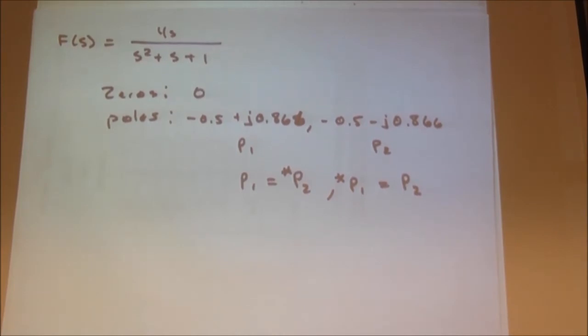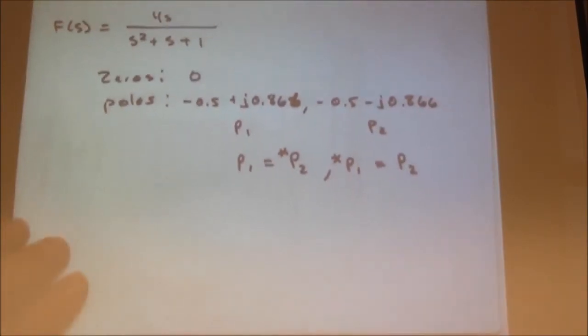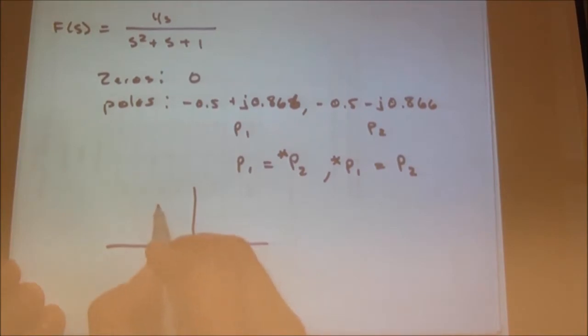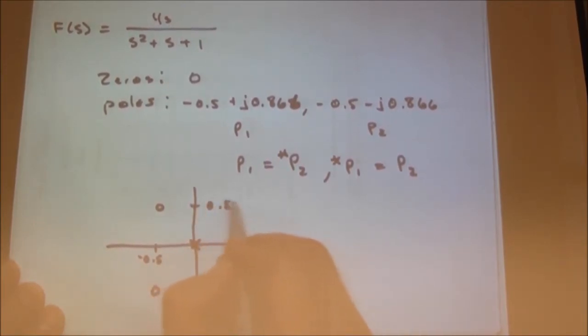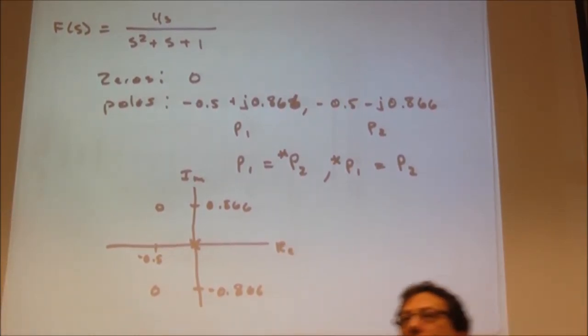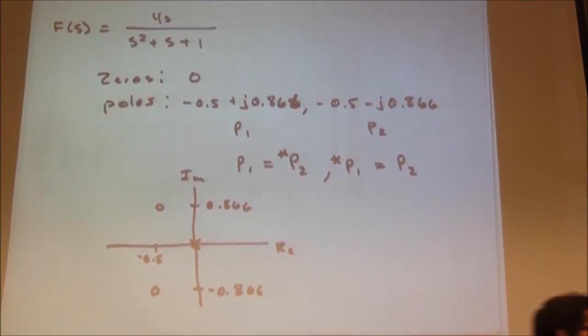What does that mean for us? Well, if we go to our pole zero plot, we have a 0 at 0, we have a pole here, and a pole here. And that's minus 0.5, and that's 0.866, and minus 0.866. And then imaginary and real again. Is this stable? Sure. So the real component of our pole is less than 0, so it's stable.